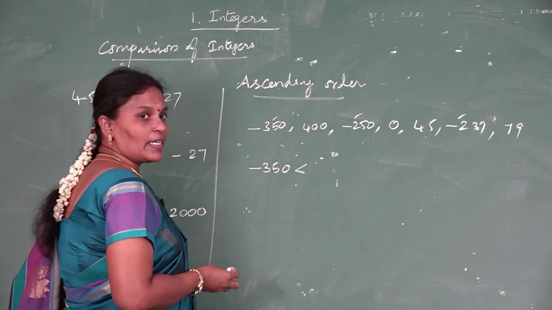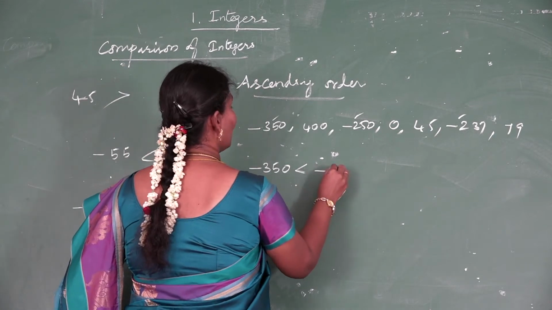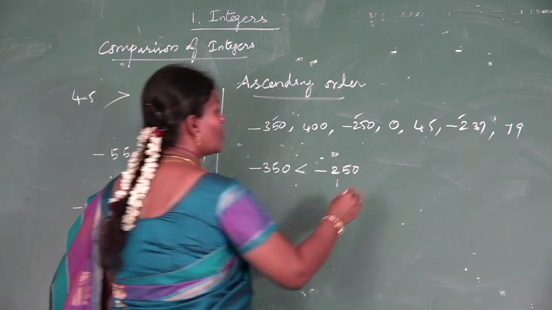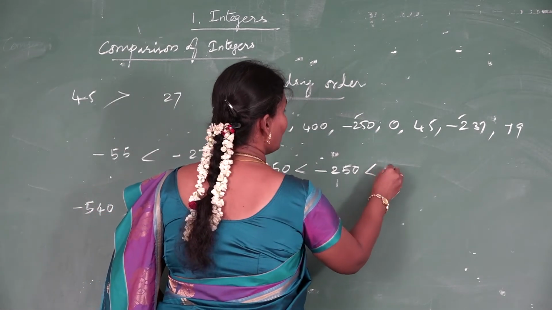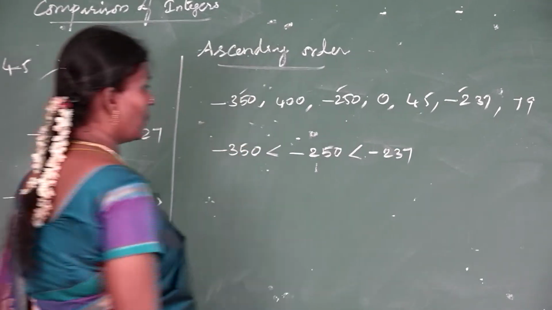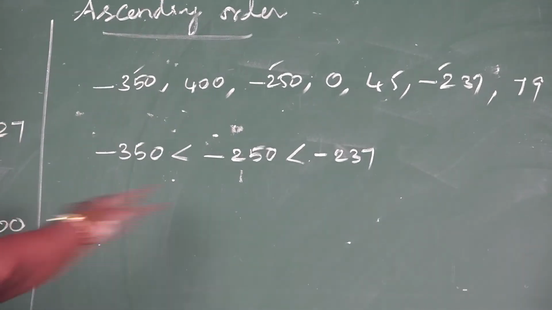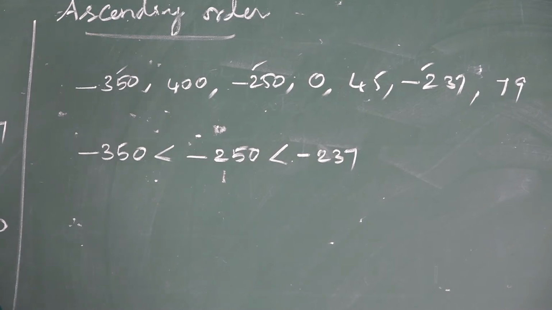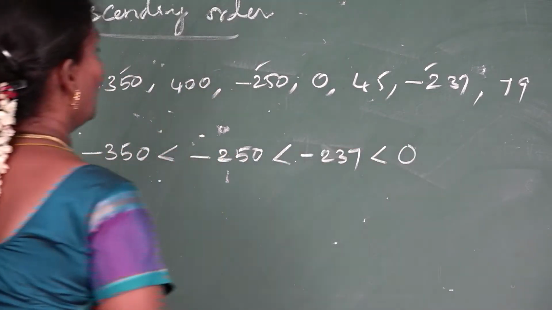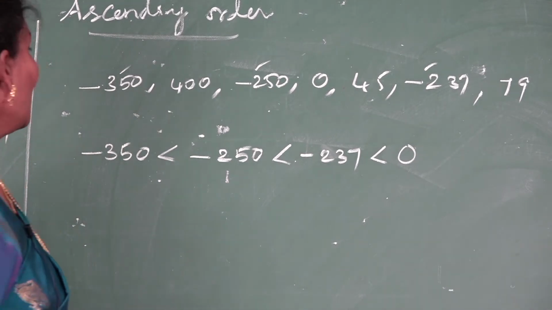Okay, now compare these two. Then what comes next? Yes, correct. Minus 250. Okay, then which one? Yes, less than minus 237. Okay, now the negative integers are over. Then the next one is 0, less than 0. Next we compare the positive integers.